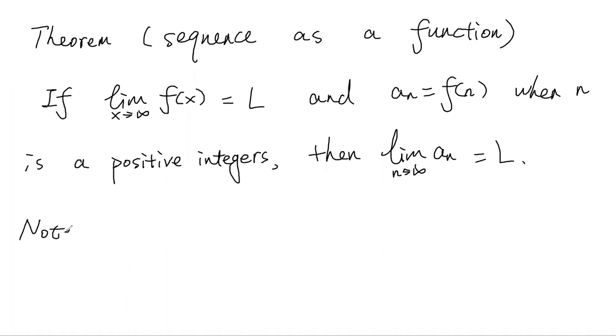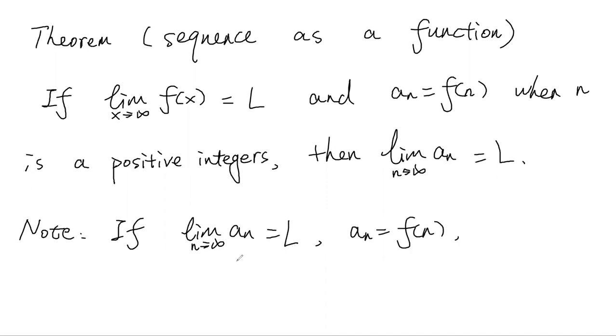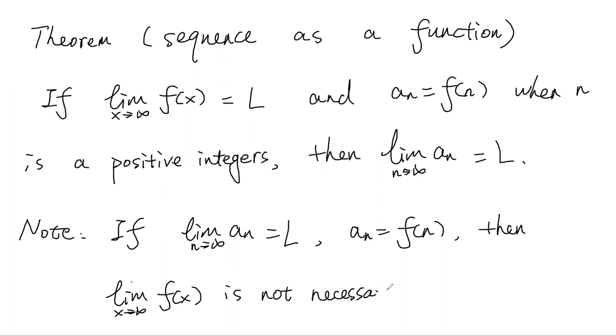But note that if the limit of a_n as n goes to infinity exists and a_n is equal to f(n), then the limit as x goes to infinity of f(x) is not necessarily L. So the converse is not true.